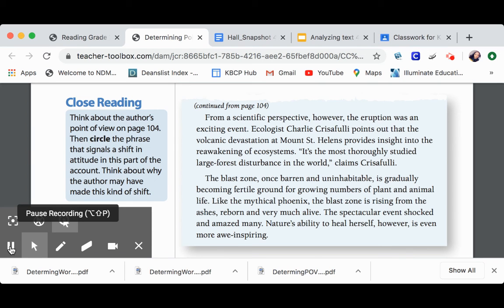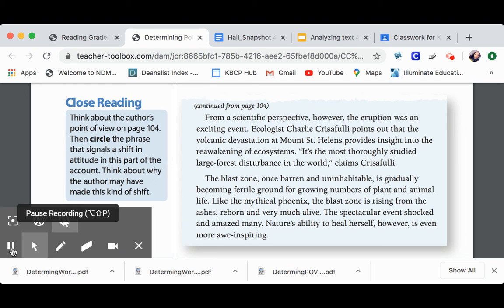Okay, so from a science perspective, however, the eruption was an exciting event. Ecologist Charles Crisafulli points out that the volcano devastation at Mount St. Helens provides insight into the reawakening of the ecosystem.